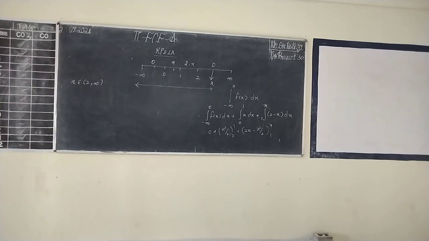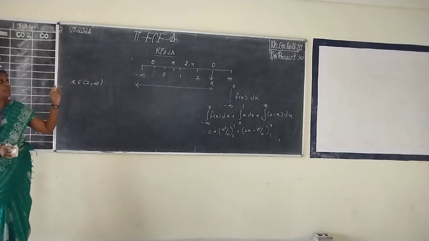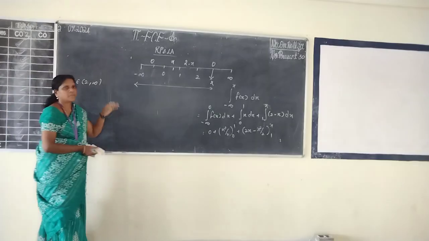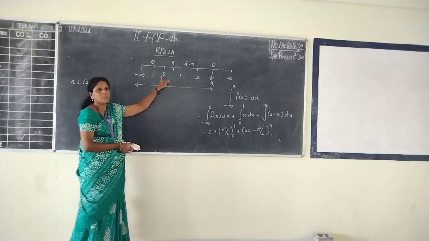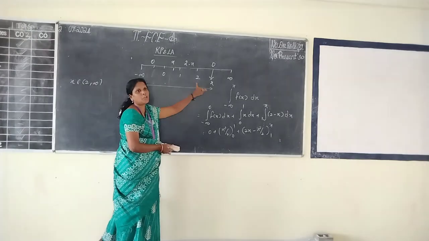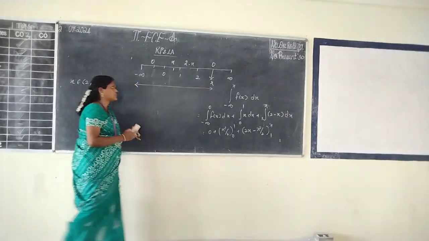Always the lower limit starts coming from minus infinity. My x integral is not over. How many splittings will you get? 4. What are they? Minus infinity to 0, 0 to 1, 1 to 2 and 2 to x.